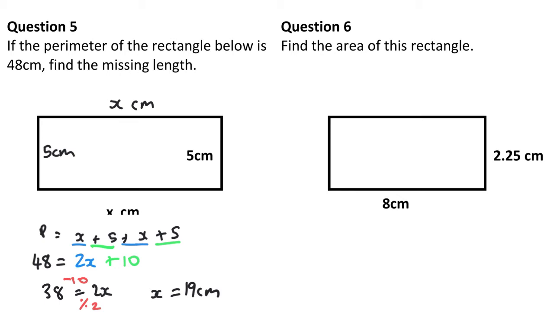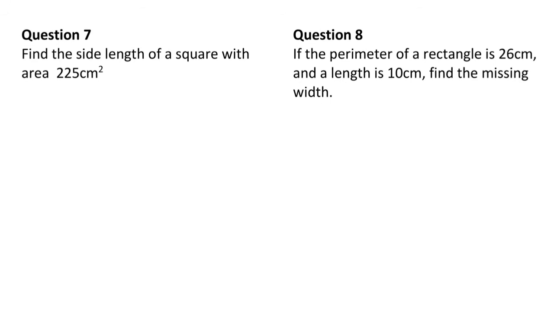Question 6, find the area of this rectangle. So again, area is length times breadth, which is 8 times 2.25, which is 18 squared centimetres. Question 7, find the side length of a square with an area of 225.